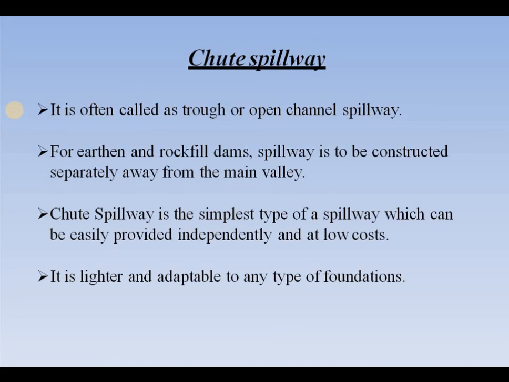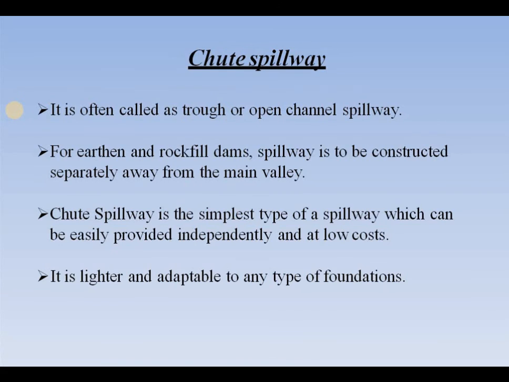So generally this type of spillway is provided on an earthen or a rock-filled dam, and this is isolated from the main dam. It is placed normal to its center line, so it consists of a discharge channel to the river in an excavated trench, which is usually paved with concrete.